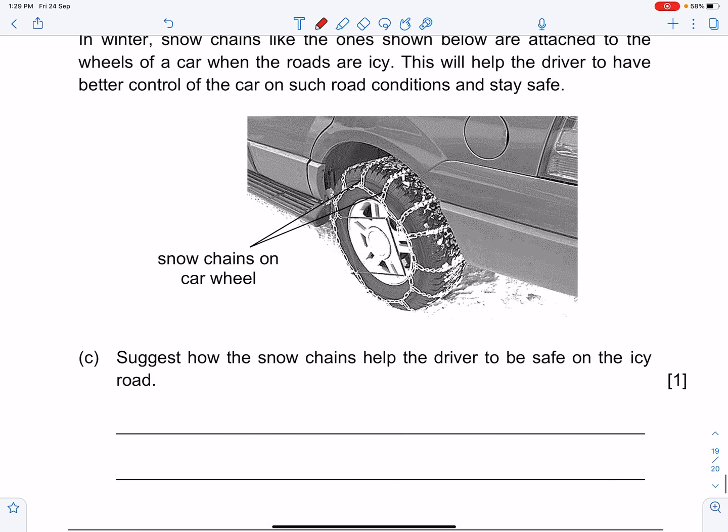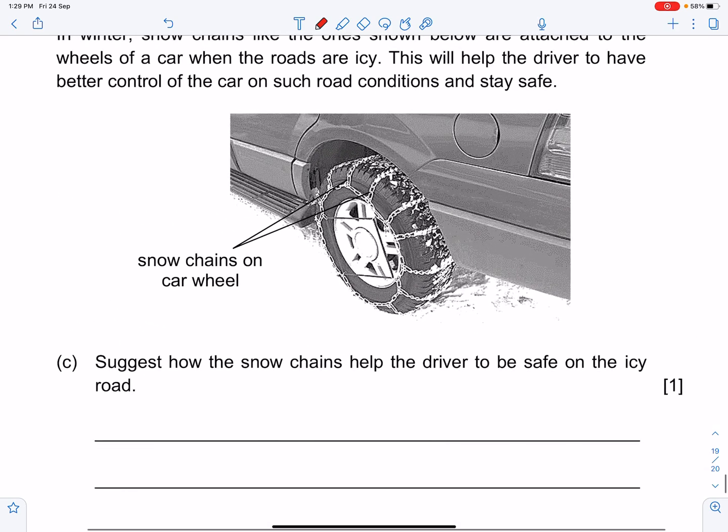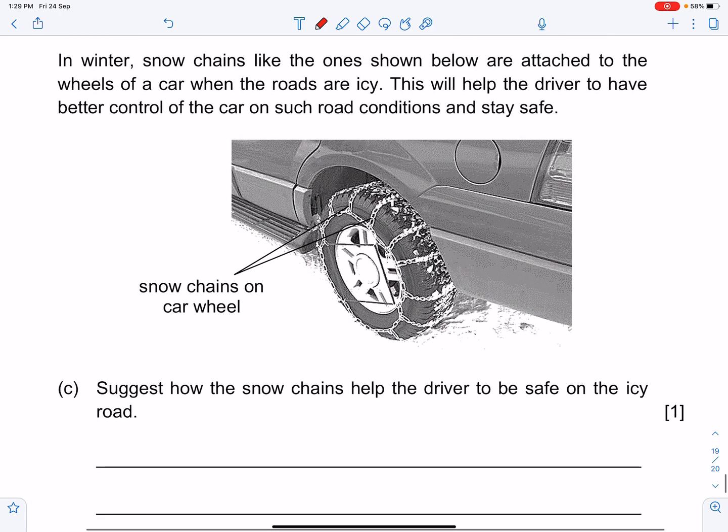Okay, C. Now, suggest how the snow chains help drivers to be safe. Now think about it in this way. You know, ice is slippery, right? You want your car to basically not slip off the road. So you want to increase friction.